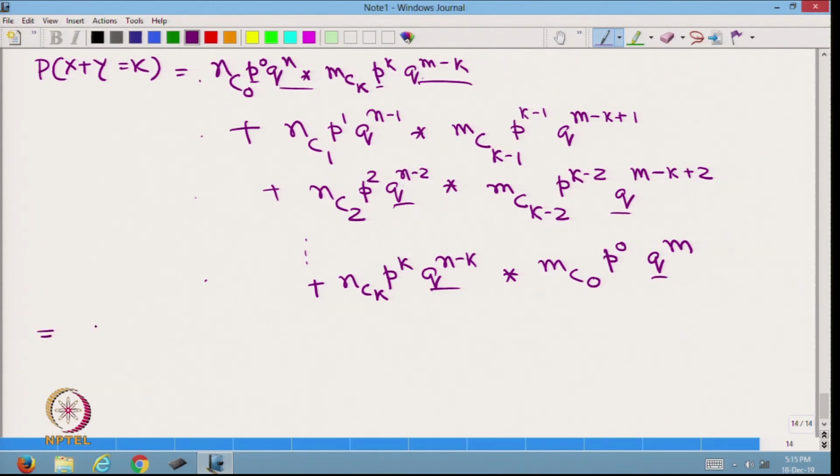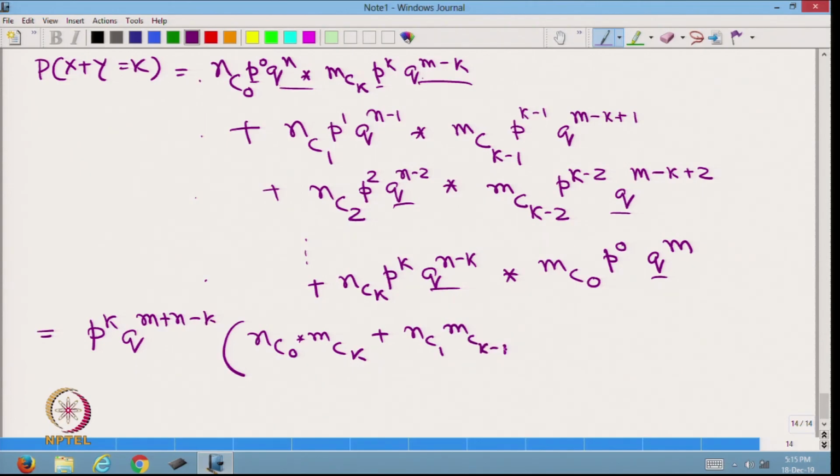Therefore, we can write it as p to the power k q to the power m plus n minus k multiplied by nC0 into mCk plus nC1 into mC(k minus 1) plus up to nCk into mC0.